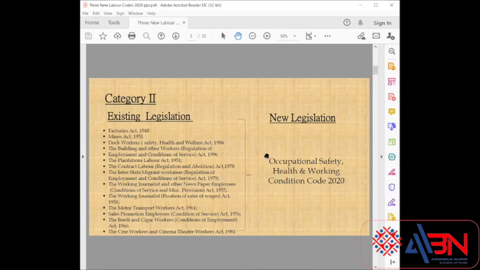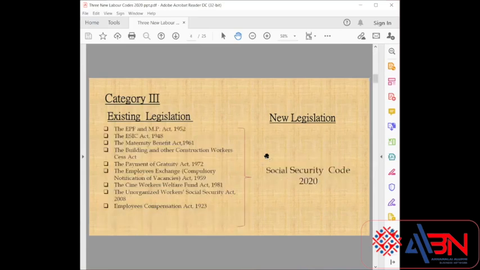So the Factories Act, Mining Act, Dock Workers Act, and a list of 13 acts have been amalgamated into one. Then we have the Social Security Code, which has subsumed the PF Act, the ESIC, the maternity benefit, so everything related to the social security of the employee.